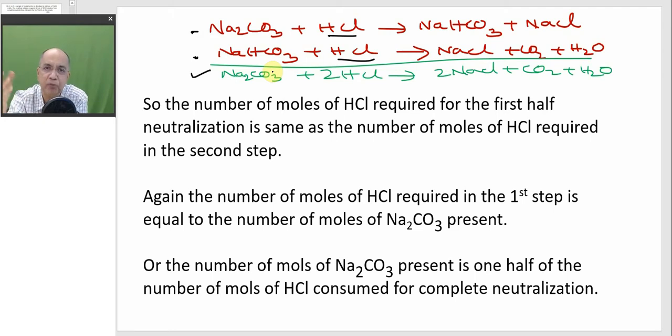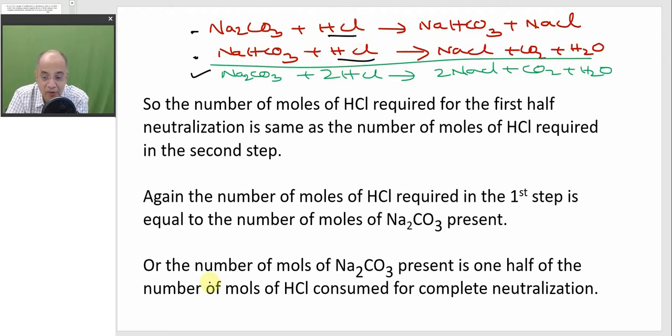Why? You need to know how many moles of sodium carbonate is present, and that will be known in the first step. It is 1:1, so whatever number of moles is required in the first step, the same is the number of moles of sodium carbonate. But if you go for the second step, then it will be doubled.